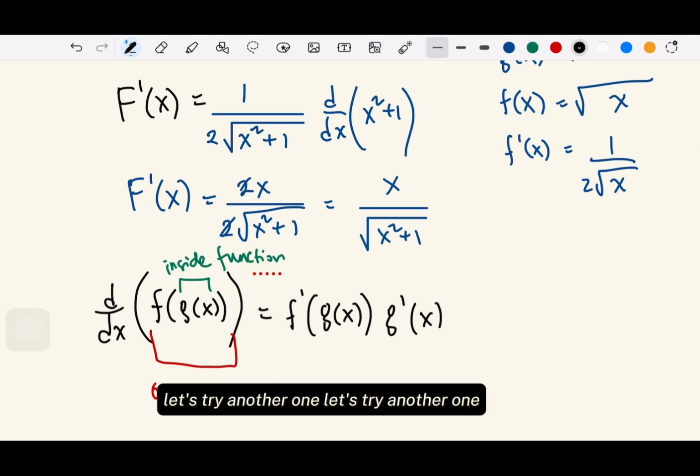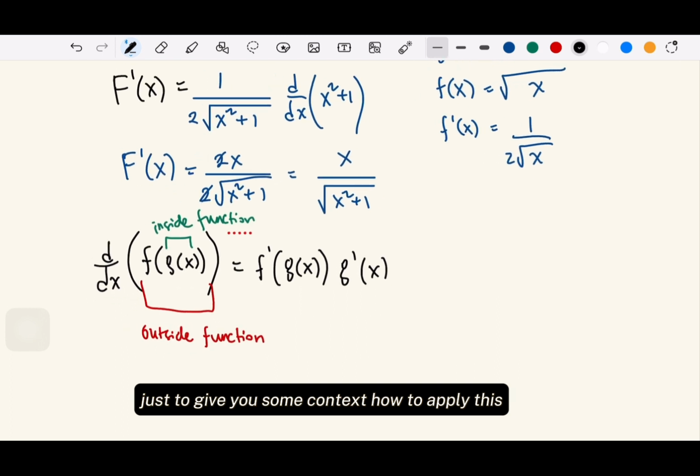Let's try another one, just to give you some context on how to apply this.